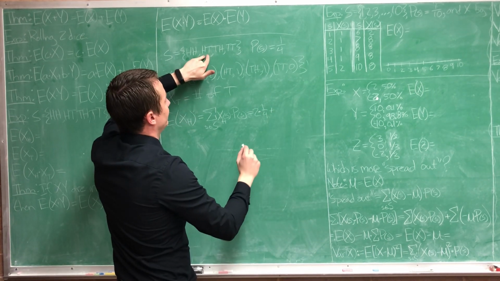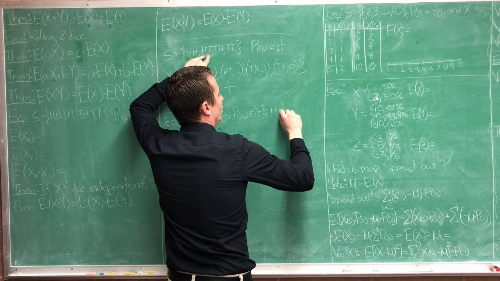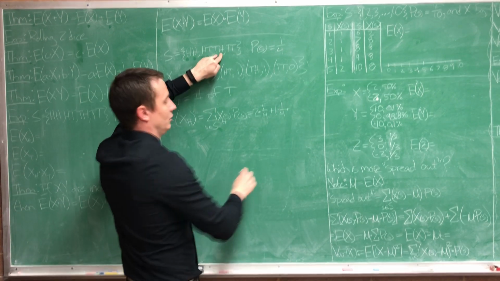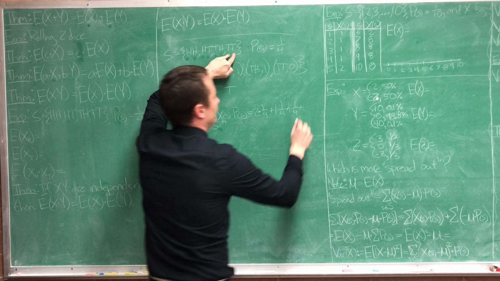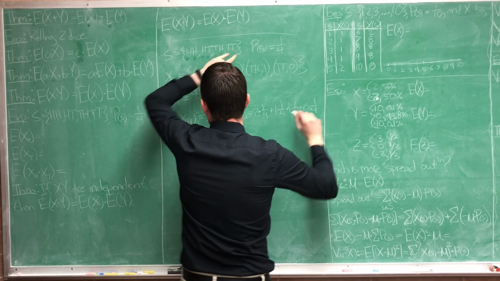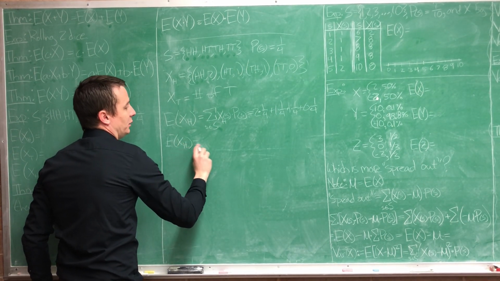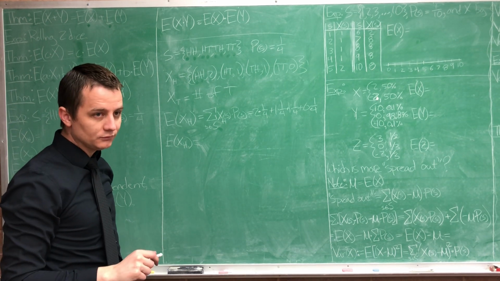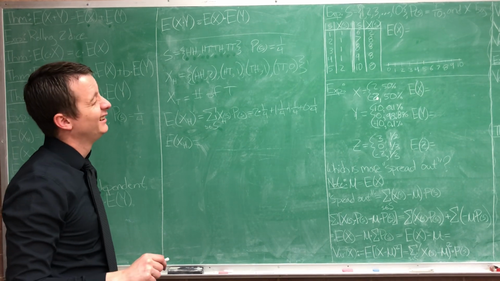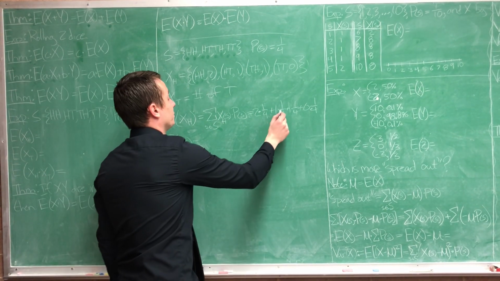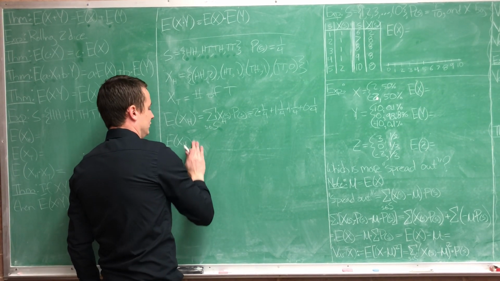Plus, what do we get when we plug this in? 1 times 1/4. Plus 1 times 1/4. And 0 times 1/4. So the expected value of X of H is equal to 2 times 1/4 plus 1 times 1/4 plus 1 times 1/4: 2/4 plus 1/4 plus 1/4, which is 4/4, or 1.